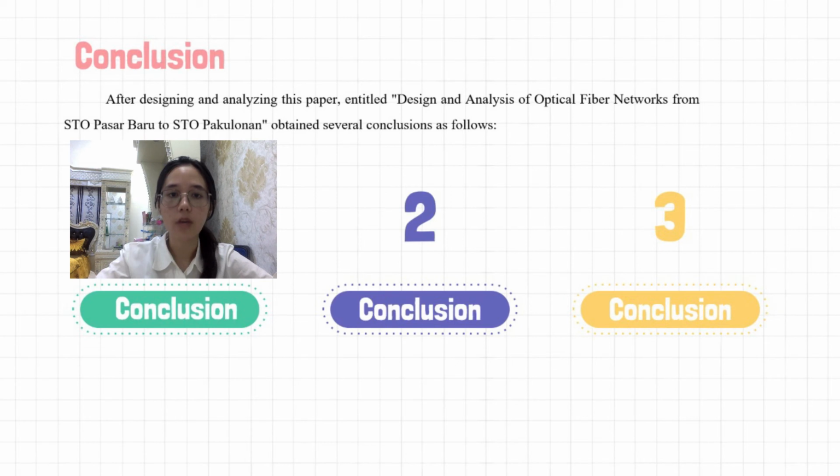The values that we get are good for use and meet the criteria, and are feasible to be implemented in the field, because the system can carry 10.1 Gb per second bit rate data, which exceeds the bit rate demand of 2.5 Gb per second that will be sent from the transmitter to the receiver. In addition, we proved that all of the manual calculations are the same as the simulation result.